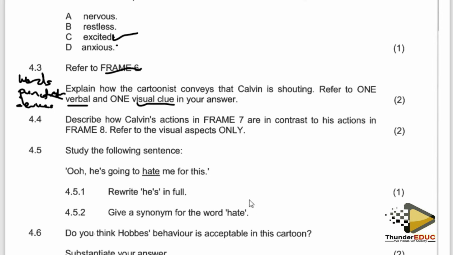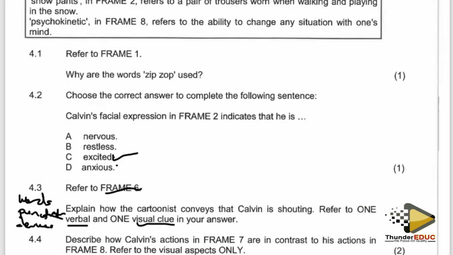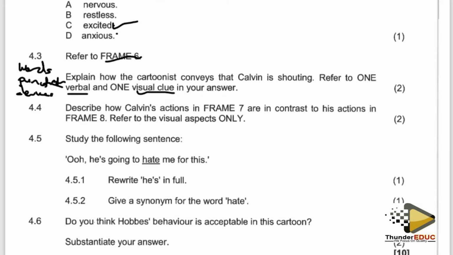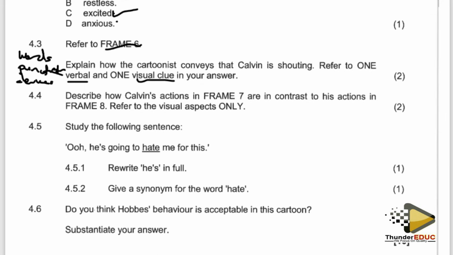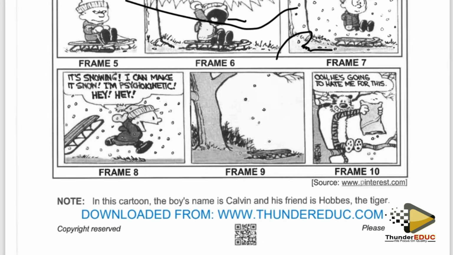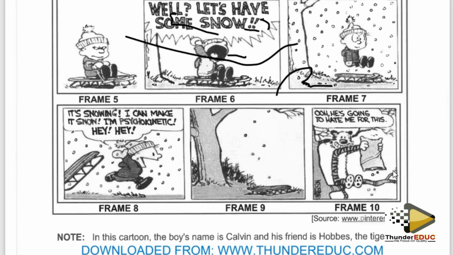Do you think Hobbes' behavior is acceptable in this cartoon? Substantiate your answer. Let's go and see Hobbes. This time we are on Hobbes, not on Calvin, right? Do you think Hobbes' behavior is acceptable? What did Hobbes do? Let's go and find out. Oh, there is Hobbes. Hobbes is throwing fluff down from a tree and deceiving Calvin that there's snow, yet there is no snow.